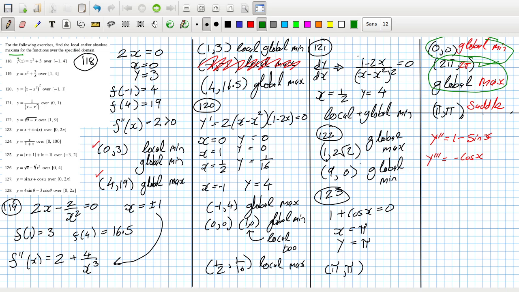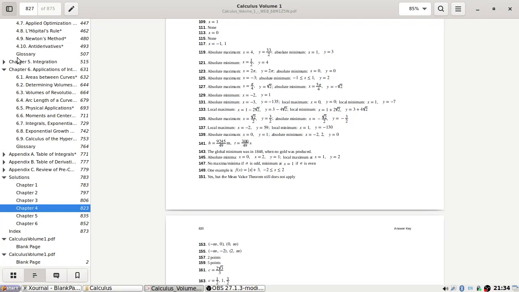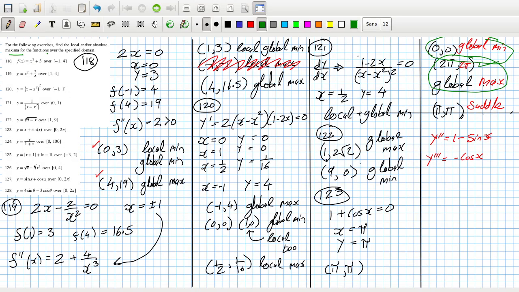That's funny. They only want the maximum. So I guess I'm doing more work by looking for the minimum. But the answer at the back includes minimum. So I guess they meant maximum or minimum here. Yeah. Okay, so yeah, you can delete that one then. Okay.